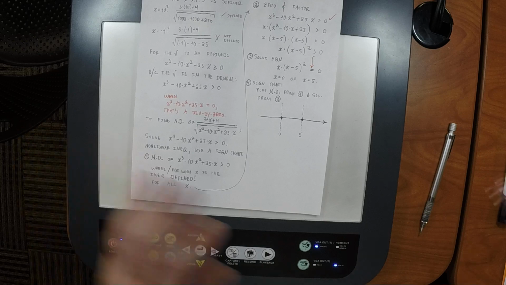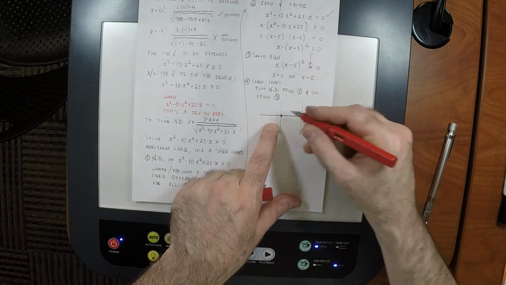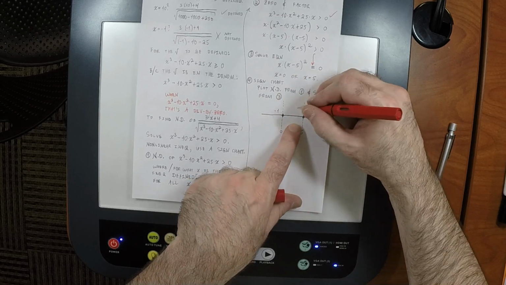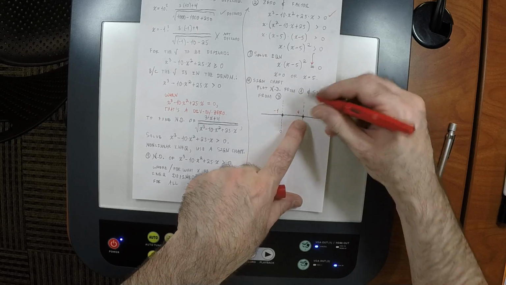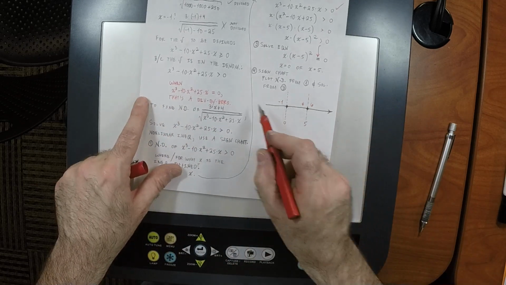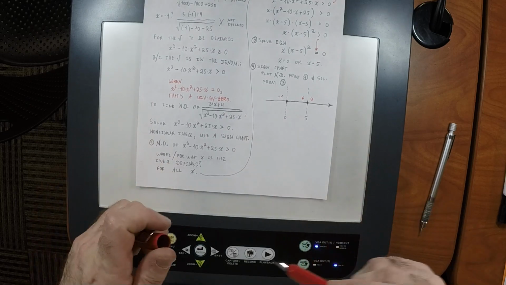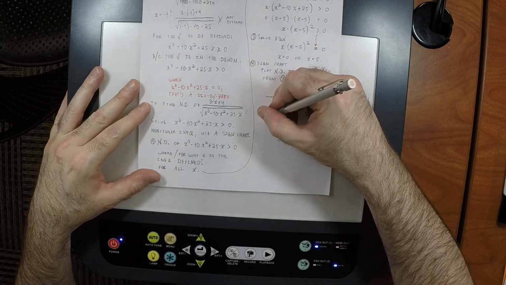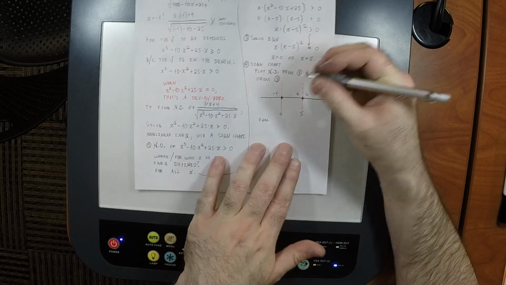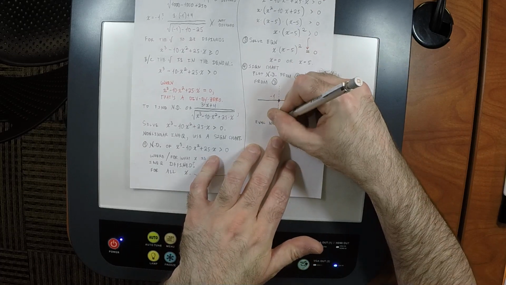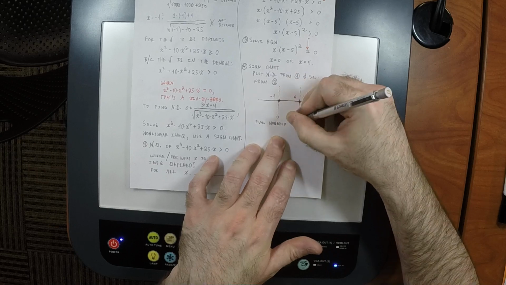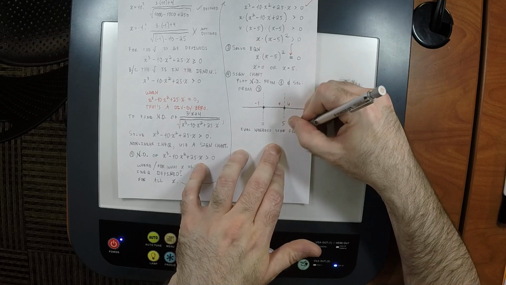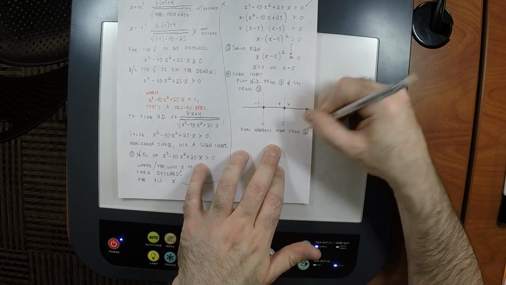So now that we've done that, in each region we'll select a point. Something to the left of 0, how about -1, and between 0 and 5, how about 4, and beyond 5, how about 6. So those are in there. And now we're going to evaluate the non-zero side from step 2 for sign.